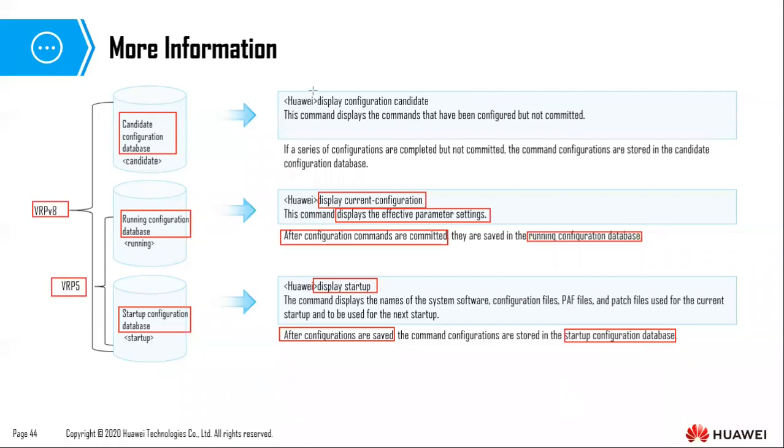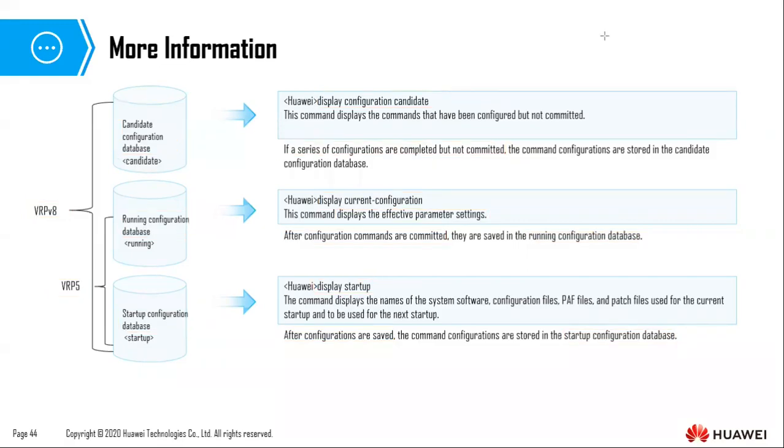If you type the command display configuration candidate, it will display the commands that have been configured but have not been committed. So if a series of configurations are completed but not committed, they are stored in the candidate configuration database. I hope you remember these three databases: running configuration database, startup configuration database, and candidate configuration database.